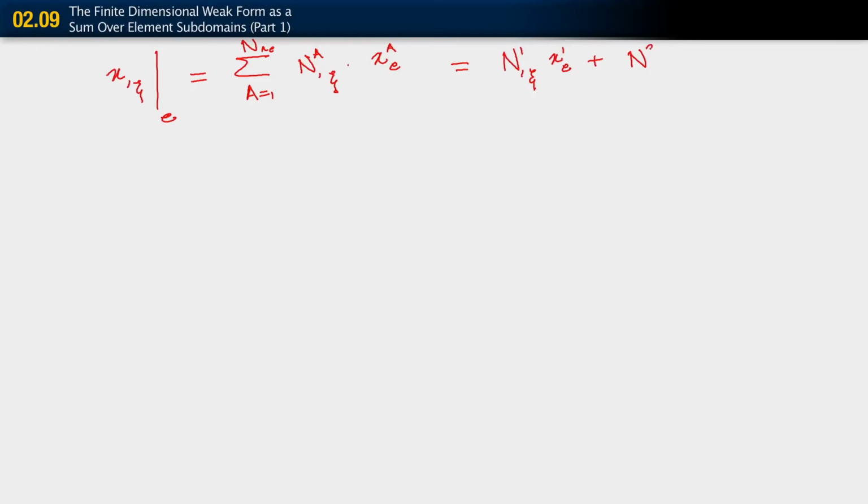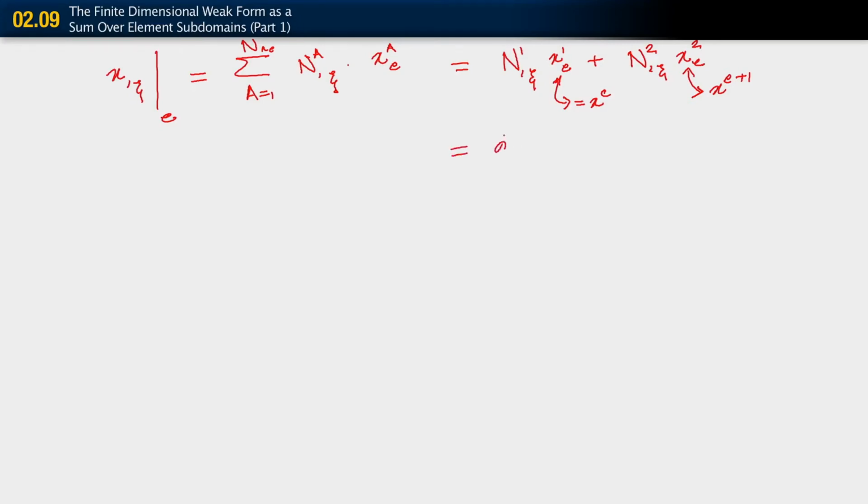plus N_2 comma c times x_2^E. Just to make that clear, that is just equal to x_E viewed globally, and that is just equal to x_{E+1} viewed globally. So the coordinates are the same. Again, that's easy enough to do. In this particular case, we know exactly what N_1 and N_2 are.